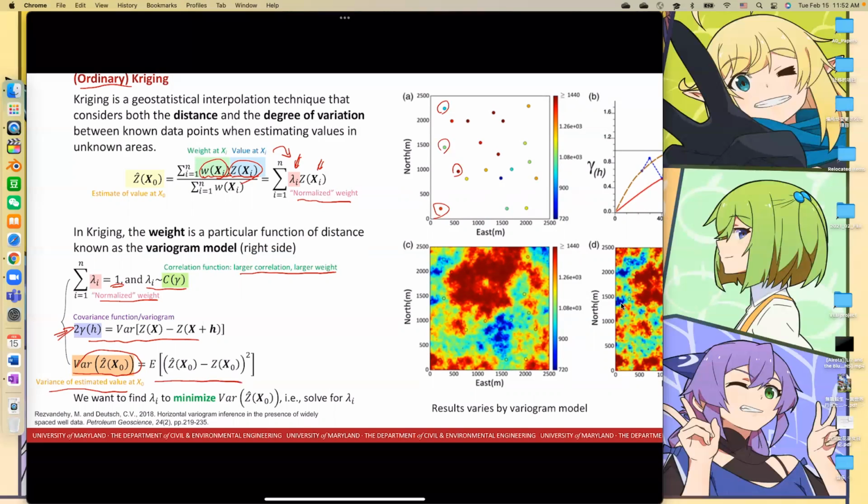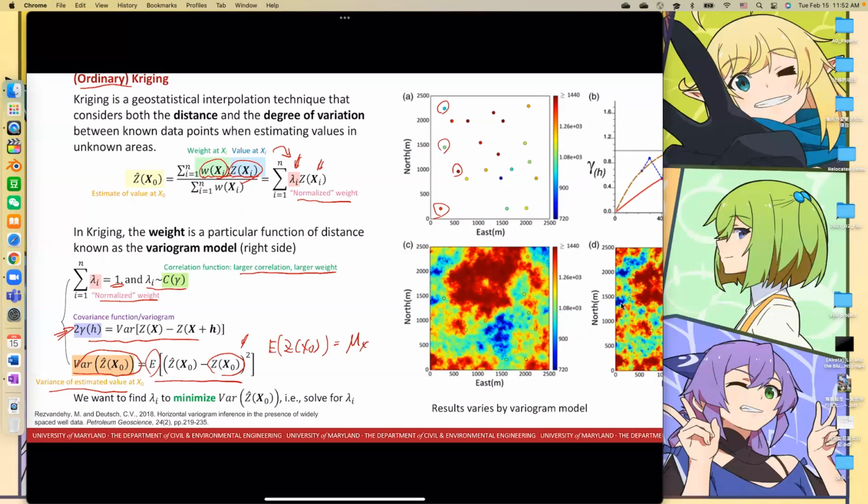Everything on here is known. We may say the true value at x0 is unknown. But if we open the brackets of this expectation, we will have the expectation of x0, which equals mu x.